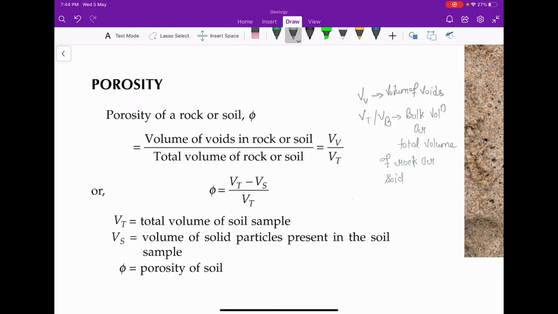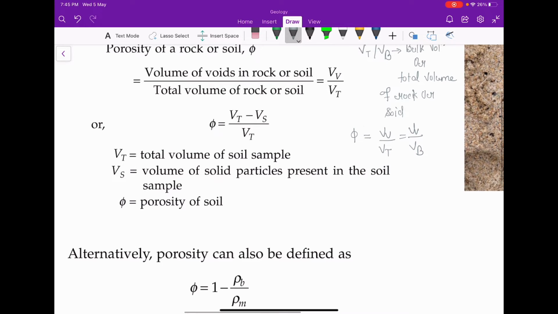So porosity, which is denoted by phi, will be equal to Vv divided by Vt. Vt is the same as Vb, so don't be confused.